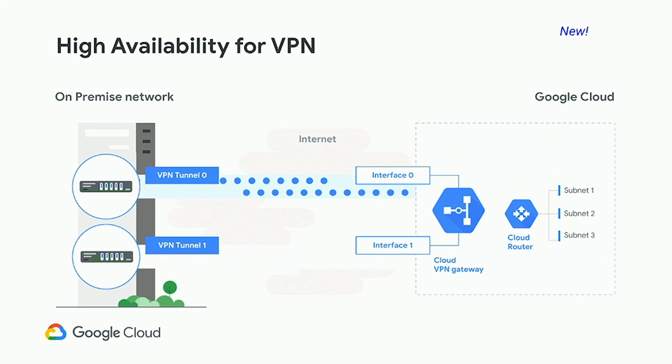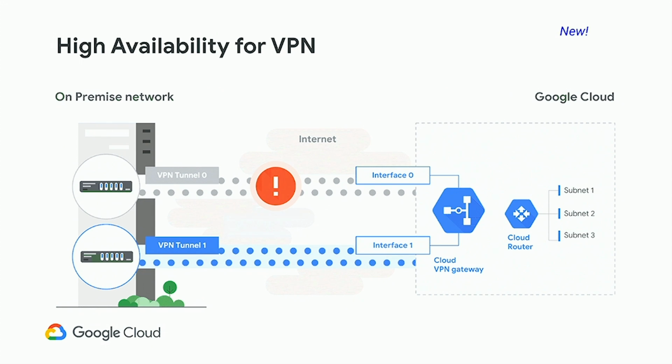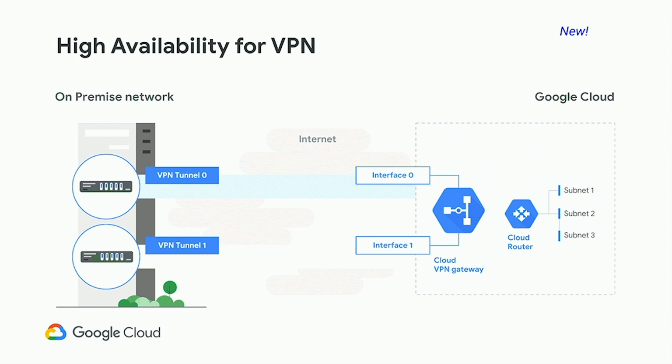Or you can use it in active-passive mode, where one of the tunnels is used while it is up, and when we figure out that the connectivity is down, then we fall back to the other tunnel. This basically increases the availability of your VPN connection to your on-prem by 90%. And so in a single region, you get 4 nines availability for connecting to your on-prem network.